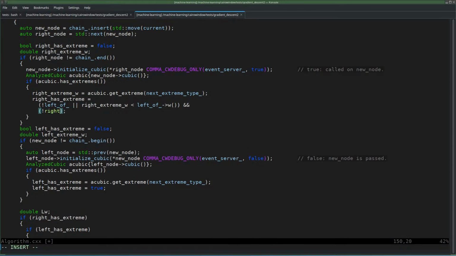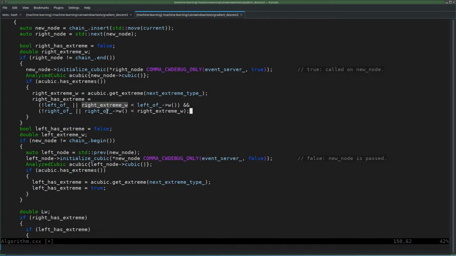So not right off, or right off. Yep. So the right extreme is on the right of right off.